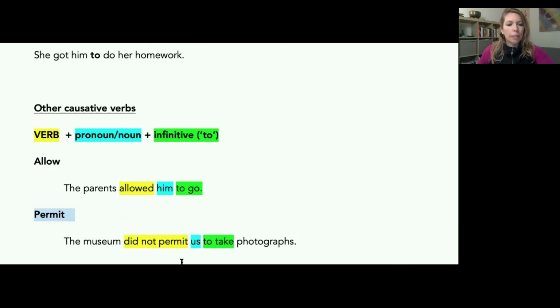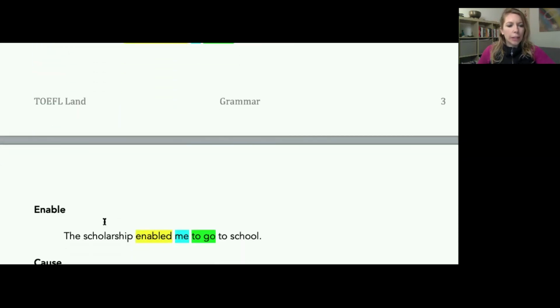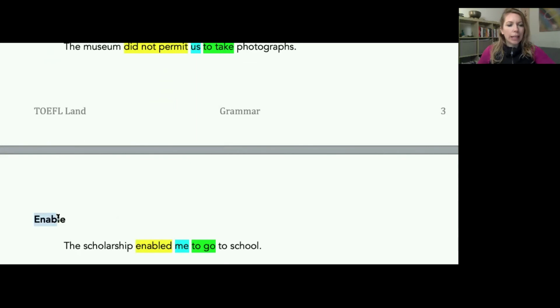So once again, permit will always get the infinitive to take. Another verb that will always get the to is enable. I think I talked about this earlier, with the scholarship. The scholarship enabled me to go to school.